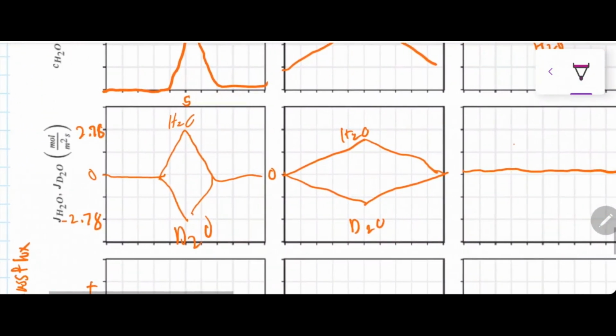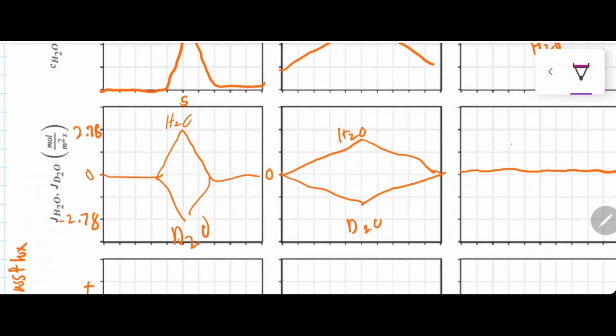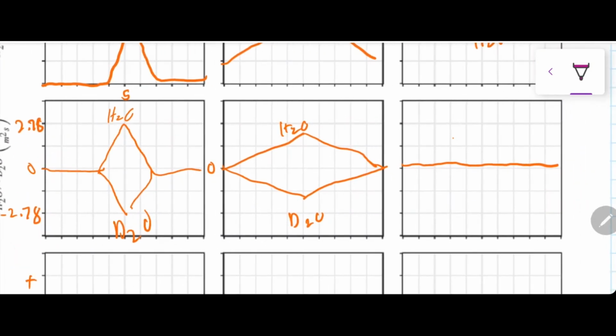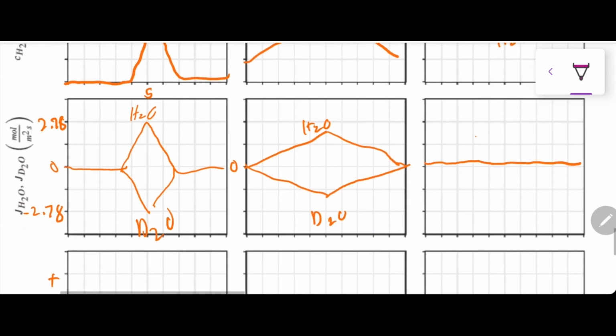And then next we have our molar diffusive flux here. Until you reach 5 centimeters, you're not going to get any flux because they have not mixed yet. So you'll see the molar diffusive flux happen at 5 centimeters.